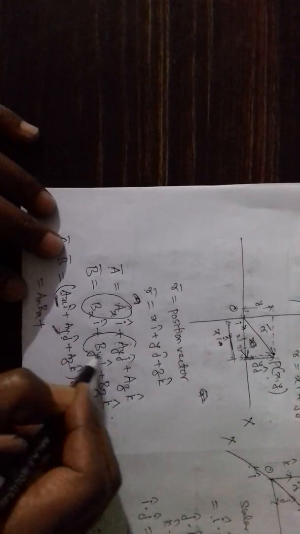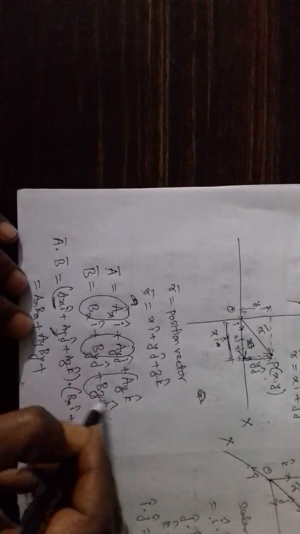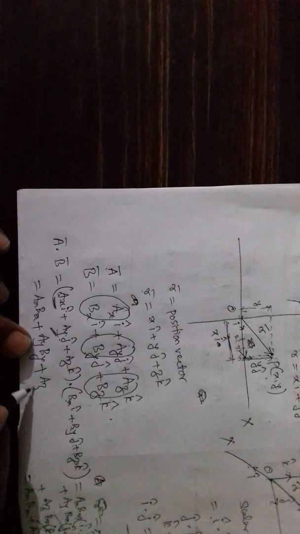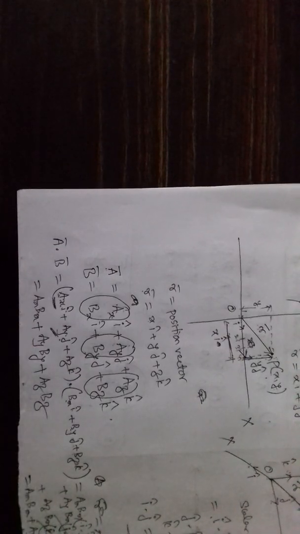Suppose a vector is given, b vector is given. All you have to do is take the product of the x components, plus the product of the y components, plus the product of the z components. That's all.